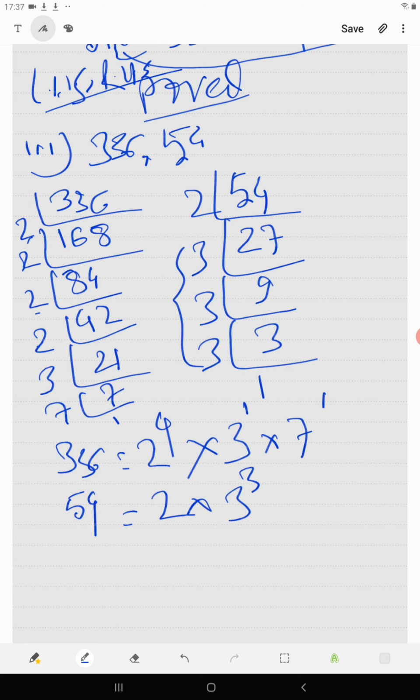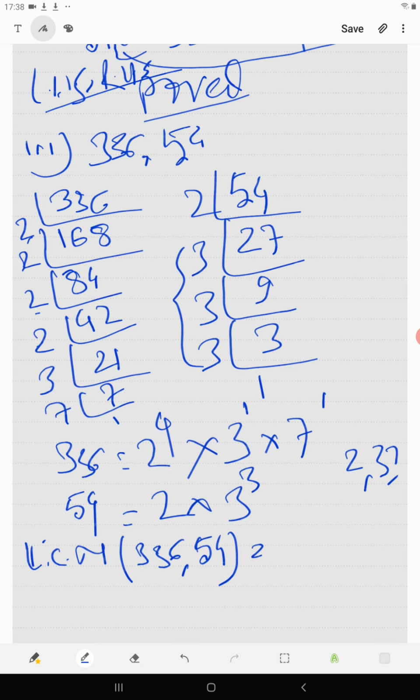Okay. Now tell me about LCM for 336 and 54. So what will be the LCM? The highest power. What are the prime numbers over here? 2, 3 and 7, correct? What is the highest power of 2 in this? Here it is 2 to the power 1, here it is 2 to the power 4. So the highest is 2 to the power 4. Now tell me about 3.